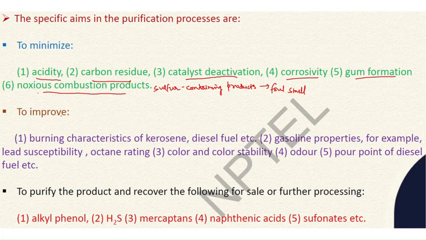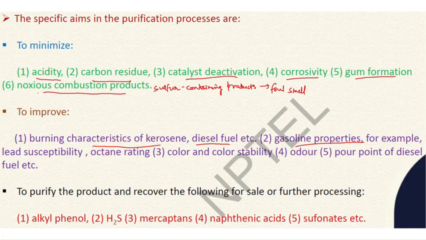Then to improve the burning characteristics of kerosene and diesel fuel, meaning to improve the cetane number and octane number of the kerosene and diesel fuel, so that the burning characteristics are improved and the anti-knocking properties are enhanced. Then gasoline properties, for example, lead susceptibility.